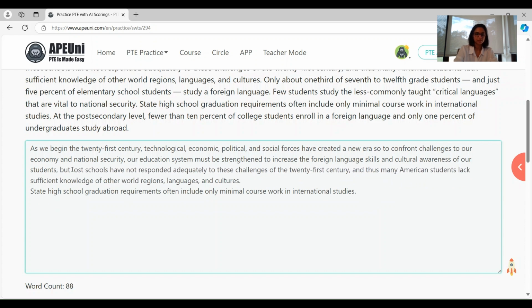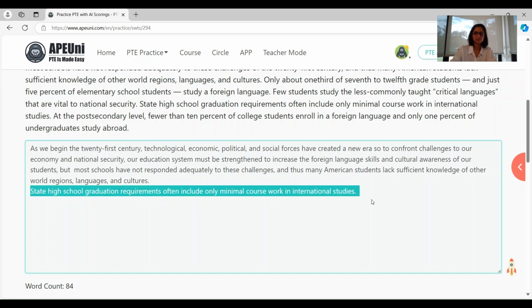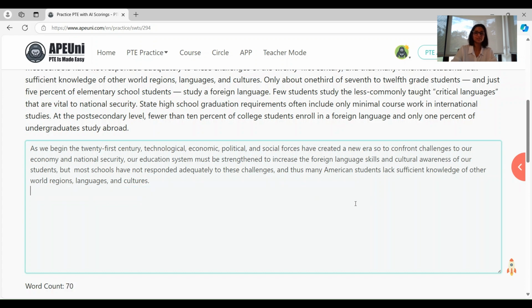But most schools have not responded adequately to these challenges. So you can see I'm taking off that stuff, and thus many American students lack sufficient knowledge of other world regions. Take off that sentence, not needed. Okay, I've put in 70 words.